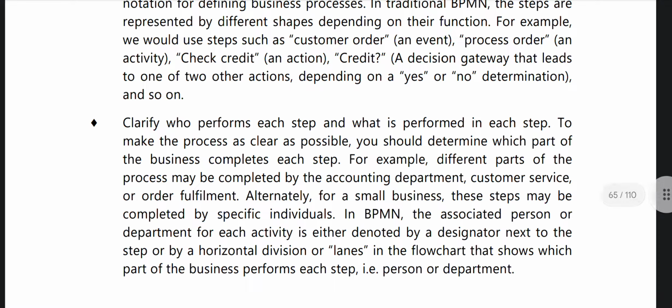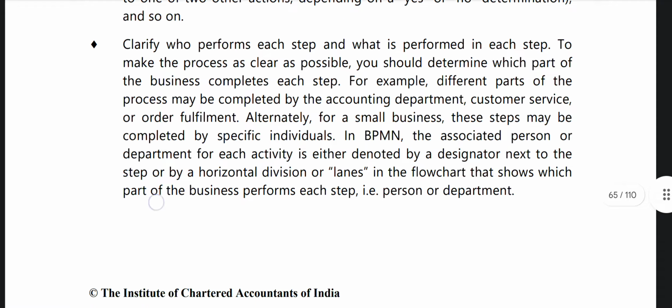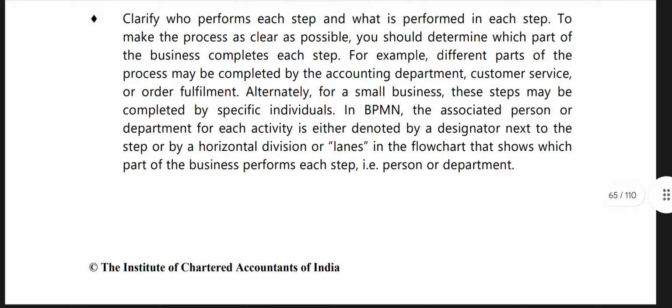For example, we would use steps such as customer order, an event; process order, an activity; check credit, an action; and credit, a decision gateway that leads to one of two other actions depending on a yes or no determination. And clarify who performs each step and what is performed in each step to make the process as clear as possible.